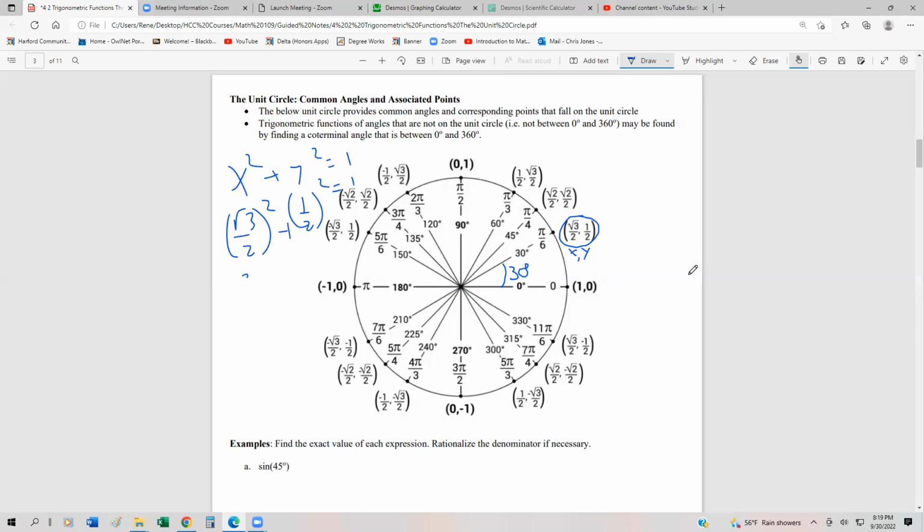Root 3 over 2 squared becomes 3/4, and 1/2 squared becomes 1/4. That's 4/4, which is 1. So that's just showing you that at least one of these points, and you could do this with every single point, falls on the unit circle. I'm not asking you to do that. I'm just showing you that these points do fall on the unit circle, and that's why they're there.